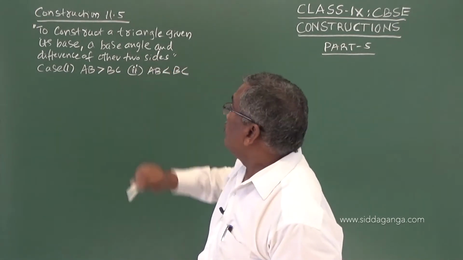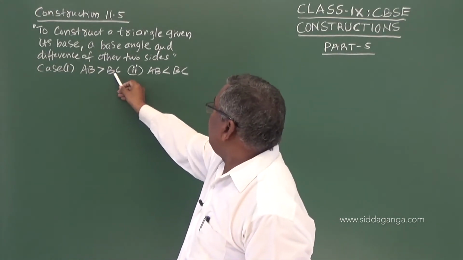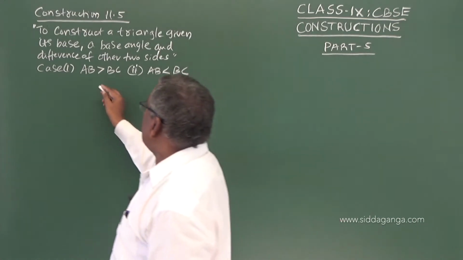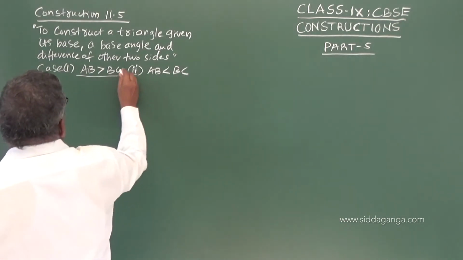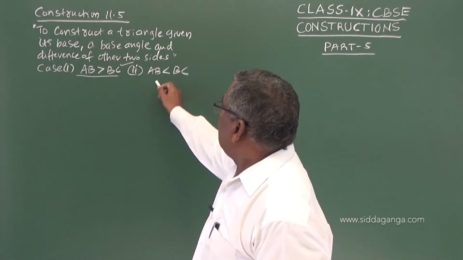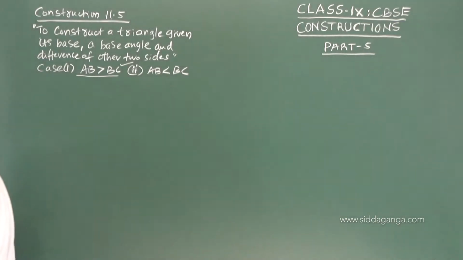It involves two cases: when AB is greater than BC and when AB is less than BC. The first one we covered in the last class, so now I will take up the second one.